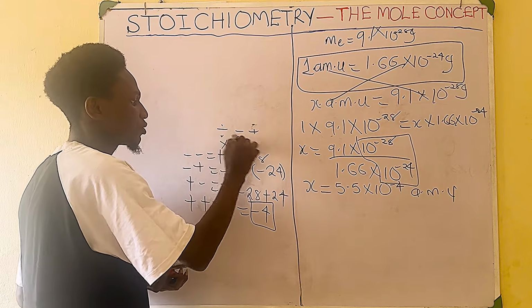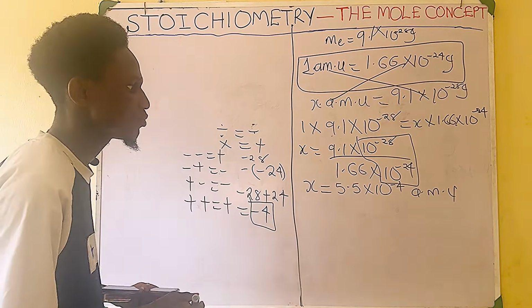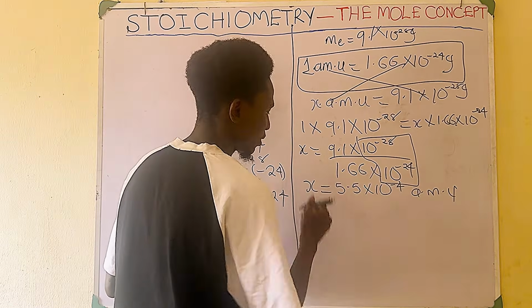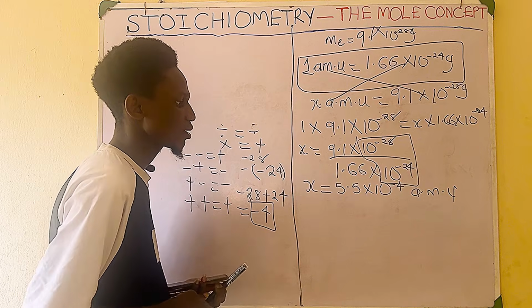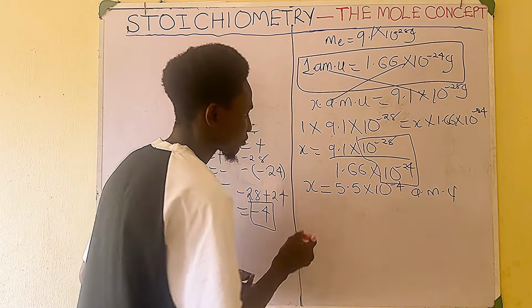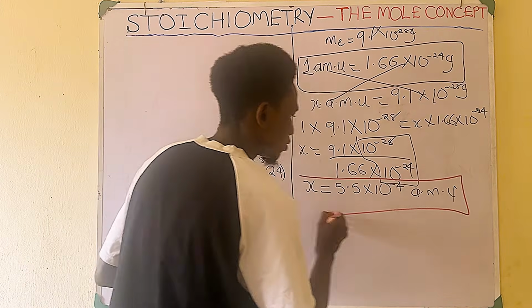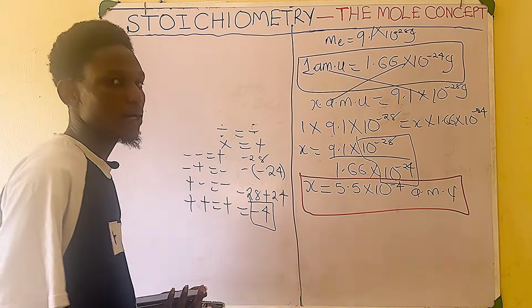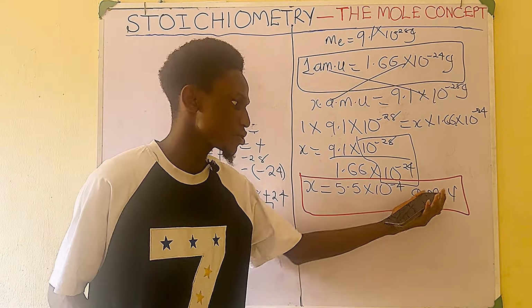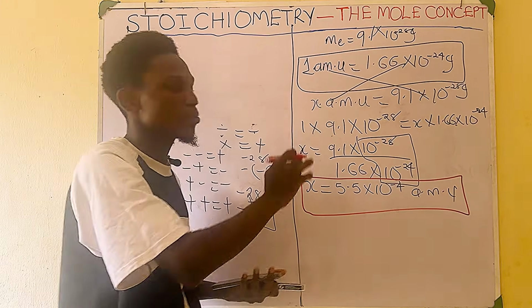When you have multiplication, it changes to plus. That's what you just need to know for indices. So that's the way this question is resolved, and that gives us our answer as 5.55 times 10 raised to the power minus 4 atomic mass unit. So this is how to convert from grams to atomic mass units.